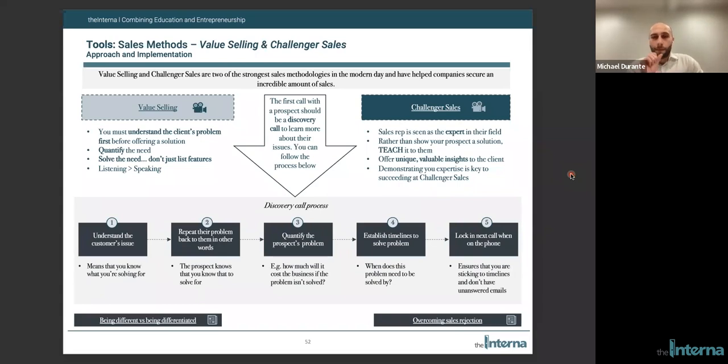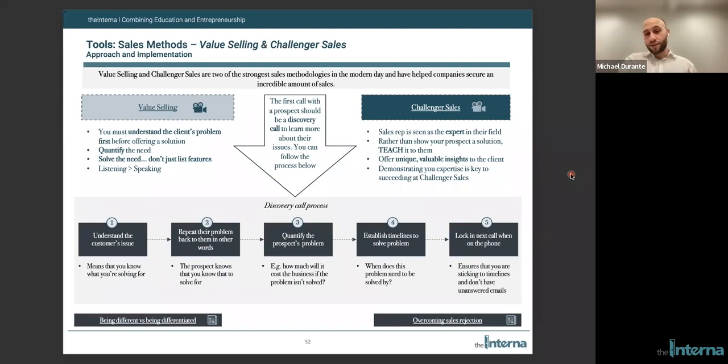Now, one of the best things you can do in value selling is to quantify the problem that the customer has. What do I mean by that? If you're solving a particular problem for a customer, and that problem is currently costing them, let's say, £10 a week, what we're trying to say is, if you don't solve this problem, then over the course of a year, that's going to be £520 that you spend trying to solve it.